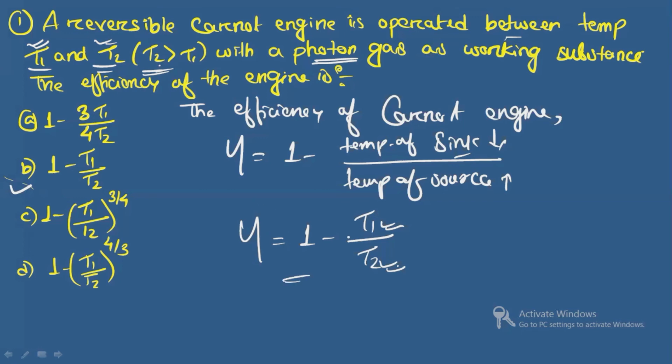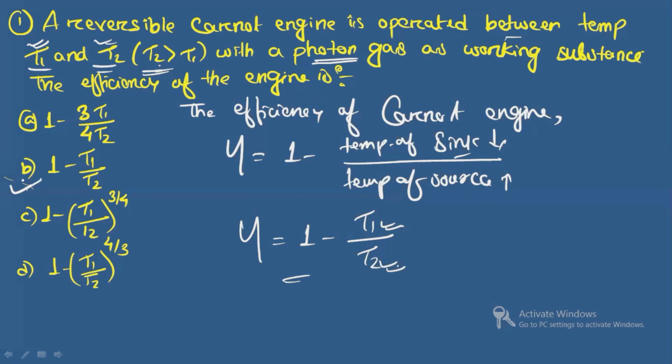In the theory part I have said that the efficiency of the Carnot engine is independent of the working substance. So it doesn't matter whether the working substance is a photon gas or any other working substance. It is only depending upon the temperature of the sink and the temperature of the source. All right. So we have seen the correct option is option B.